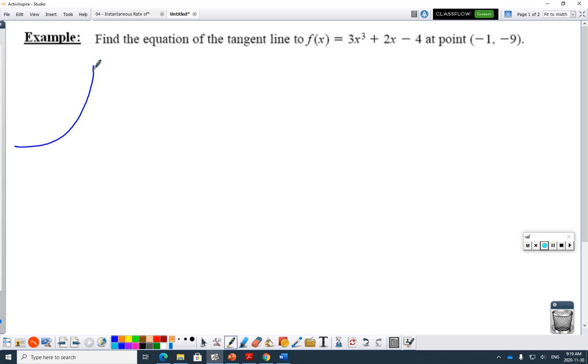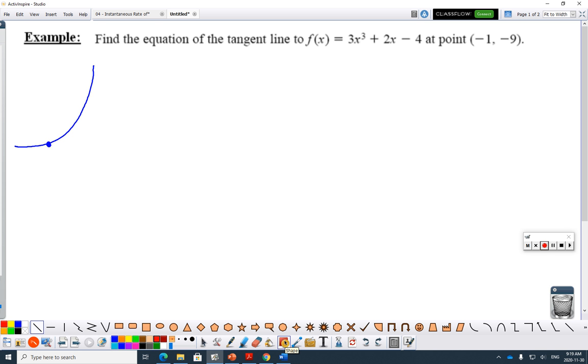And the nice thing about this method is I really don't care exactly what the curve looks like. I'll never once really need to know what the curve looks like. What I do need to find is the slope of the tangent.